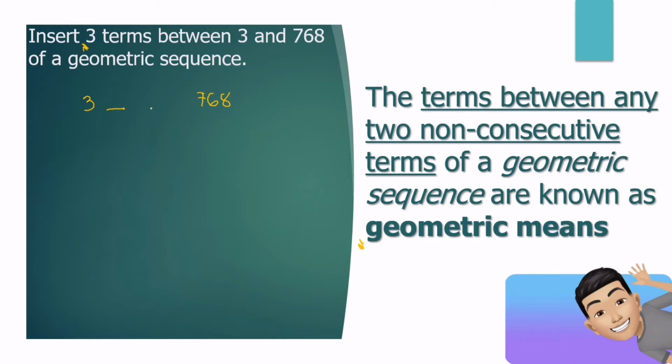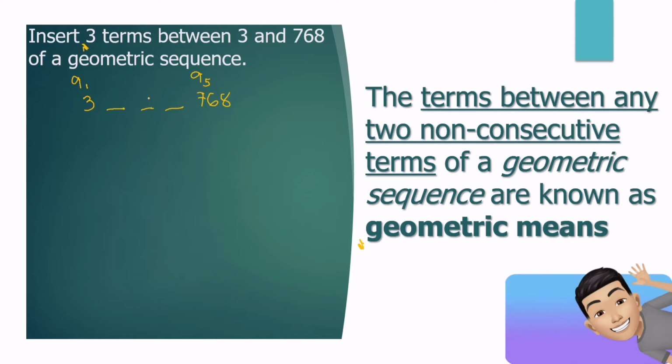Kung magkakaroon tayo ng notation, the first term will be 3, and kung mag-insert tayo ng tatlo sa pagitan nilang dalawa, yung 768 will become the a sub 5. It is important for us to know the common ratio.